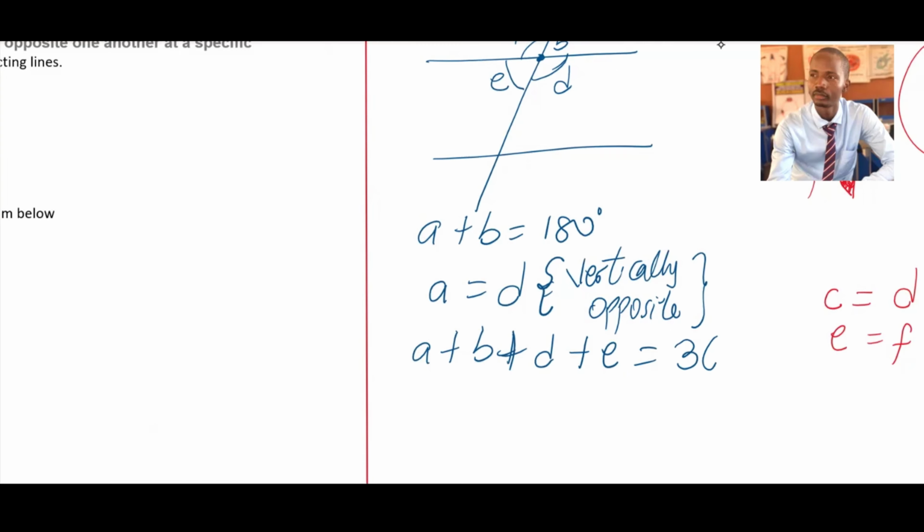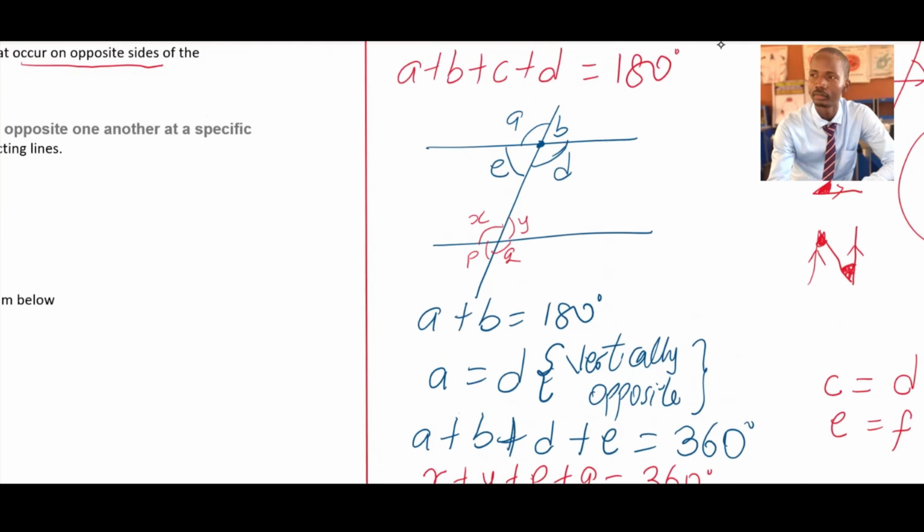The same way, if I have this place to be X, Y, P, Q, we know that X plus Y plus P plus Q is equal to 360 degrees.